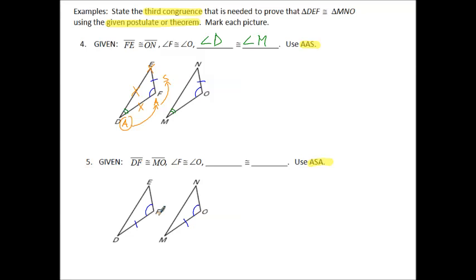So if we have angle F, the other angle that includes side DF is angle D. So angle D needs to be congruent to angle M for us to be using the angle side angle congruence theorem.